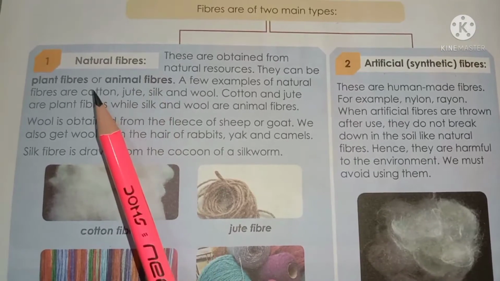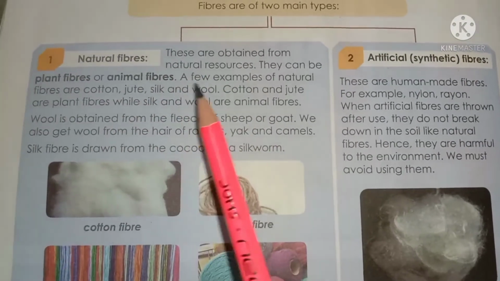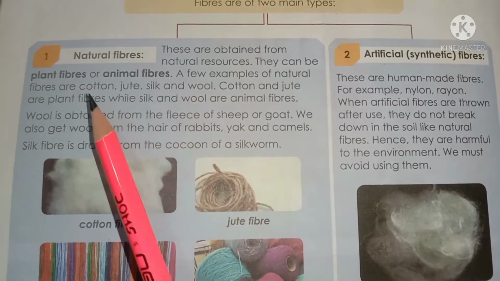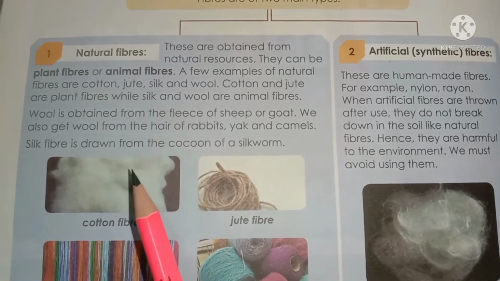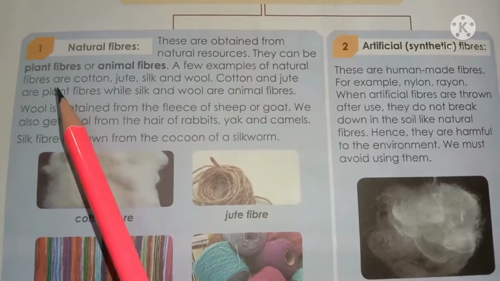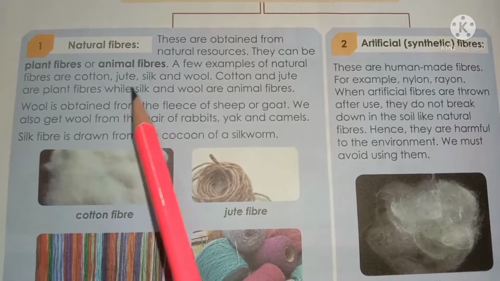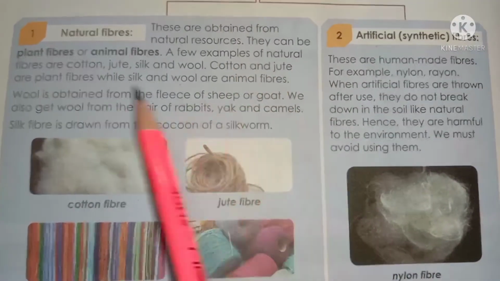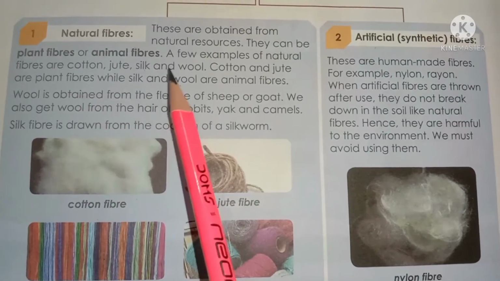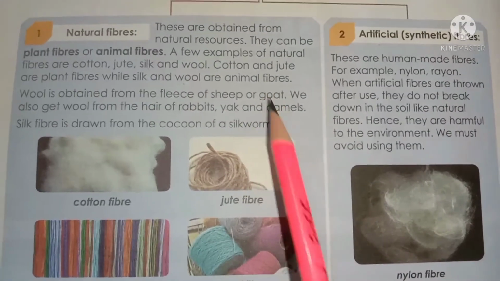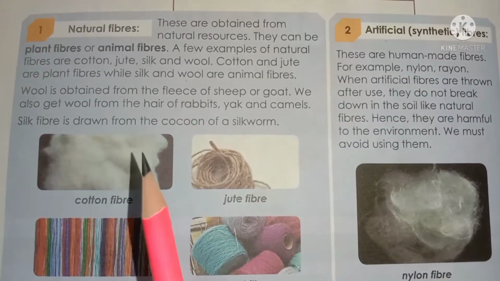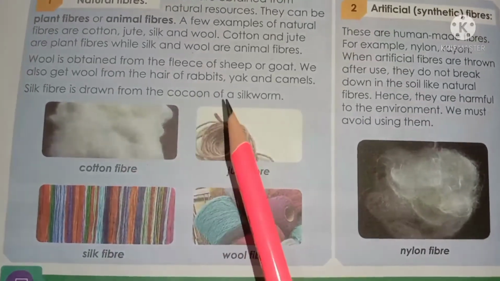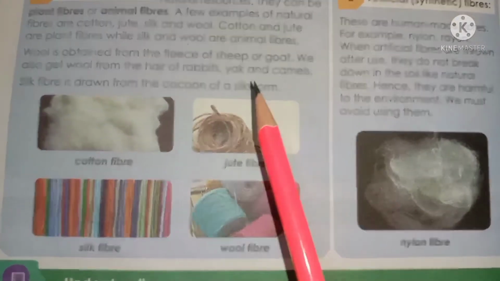Natural fibers are obtained from natural resources like plants or animals. A few examples of natural fibers are cotton, jute, silk and wool. Cotton and jute are plant fibers, while silk and wool are animal fibers. Wool is obtained from the fleece of the sheep or goat.